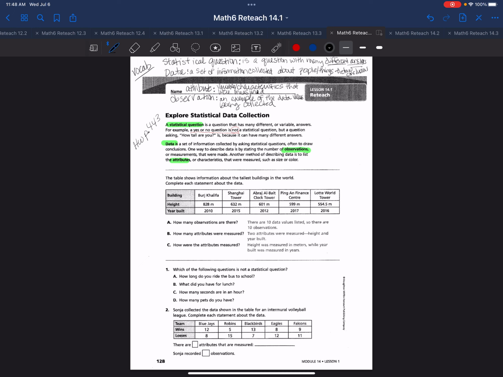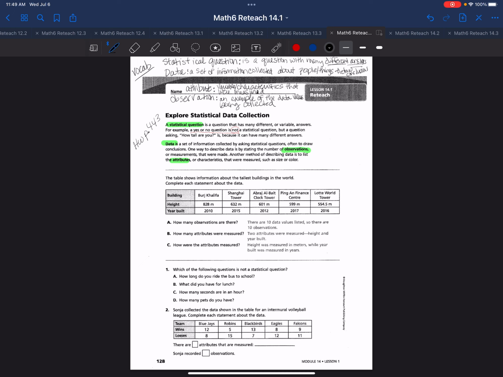Data is a set of information collected by asking statistical questions, often to draw conclusions. One way to describe data is by stating the number of observations or measurements that were made. Another method of describing data is to list the attributes or characteristics that were measured, such as size or color.